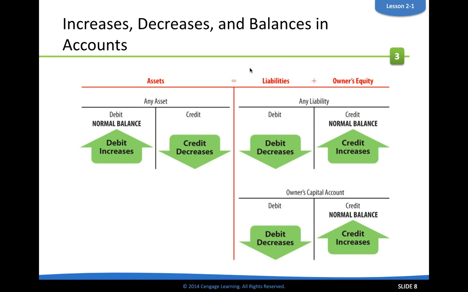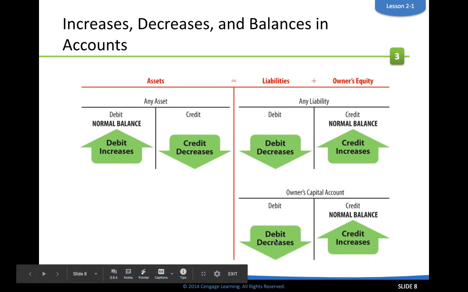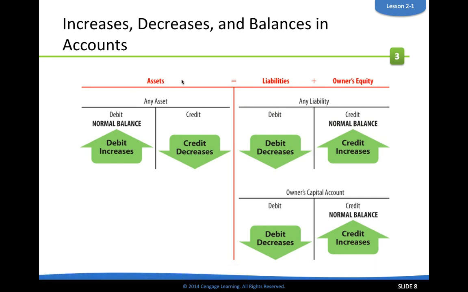One good way to remember this, which is what the previous slide was summarizing, but I wanted to wait until you had the visual in front of you: cover up liabilities and owner's equity with your hand. I can't do that right now, but cover that up for a second and just look at assets. Assets are on the left side of the accounting equation.